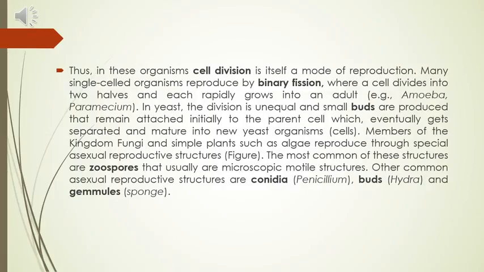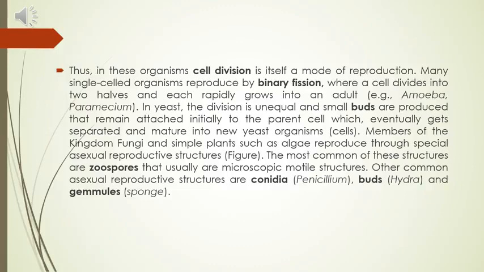So in this module, what have we learned? We have learned that cell division is itself a mode of reproduction. In binary fission, the cell is dividing. In multiple fission, again there is a division of the cell. In yeast, there was a division in the cell. In special cases, for example zoospore formation and conidia formation, again there is a division of the cell.